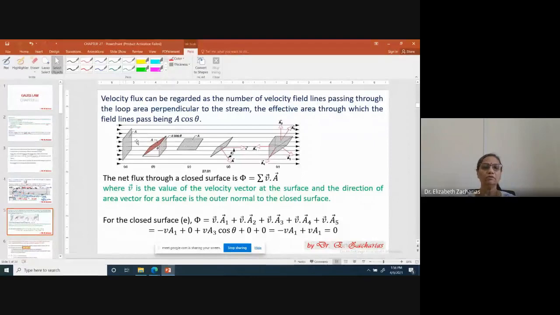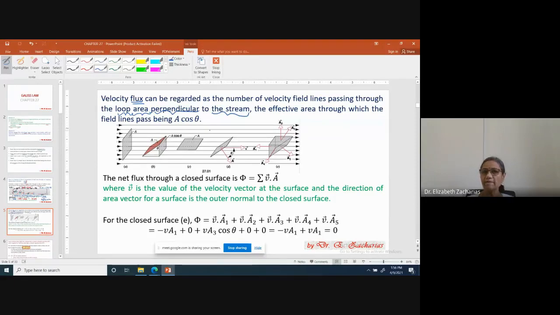Okay. So flux, as I explained some time back, you can look at numerically or pictorially. This concept of flux can be pictorially represented as the number of field lines cutting through a loop area perpendicular to the stream.